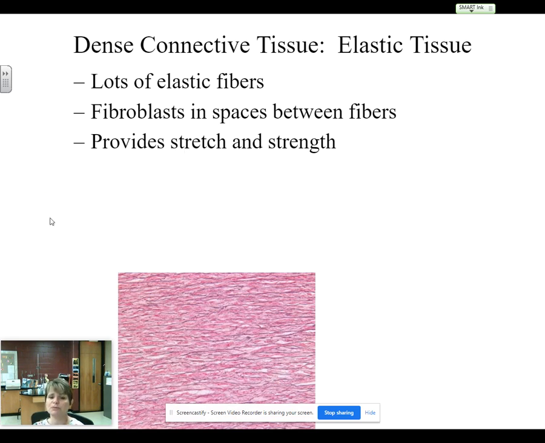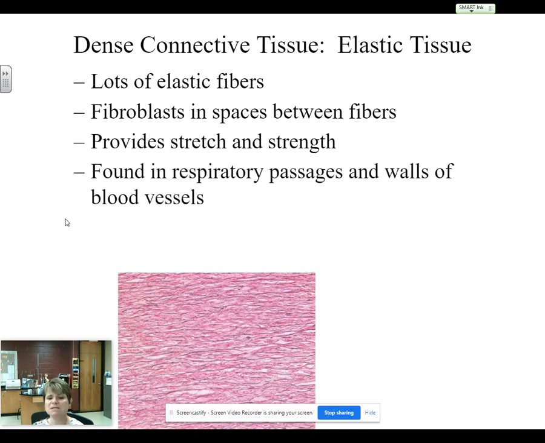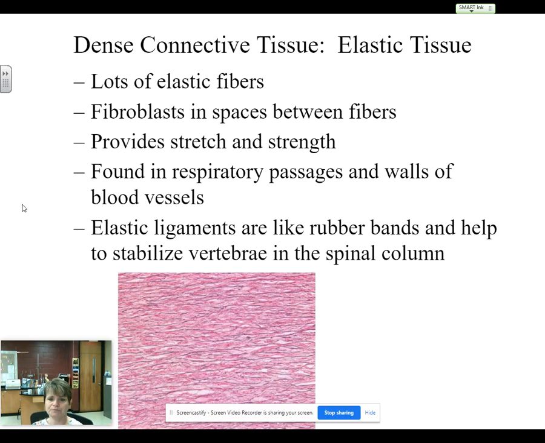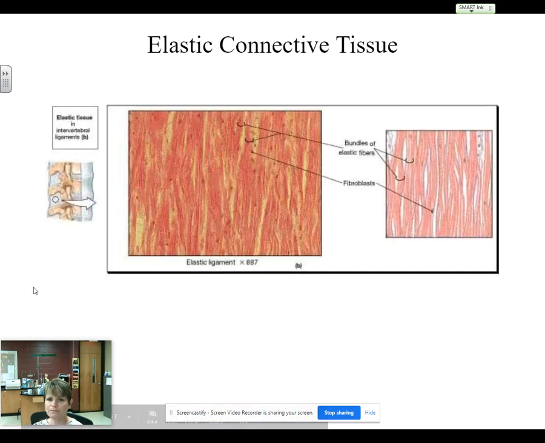Anytime you hear elastic, you should be thinking stretch, expand and recoil. This is the tissue that allows your respiratory passages and your blood vessels to constrict and dilate, to get smaller and get bigger. We also find this helping to stabilize the vertebrae in your spinal column. Again, I will not be asking you to identify this tissue. And then here's another picture.